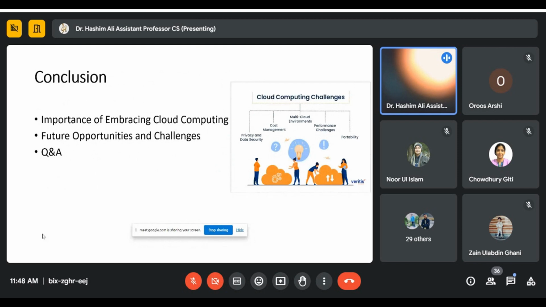So in conclusion, we have discussed the basics of cloud computing. Then we have looked at the impact of cloud computing. Then we have discussed briefly the migration strategies within cloud computing. Then we have talked about the future trends by adopting cloud computing. So this gears up the utilization of cloud computing in modern IT infrastructure.